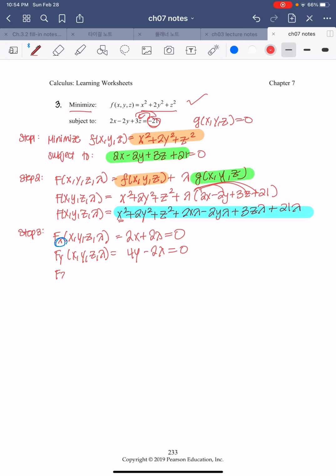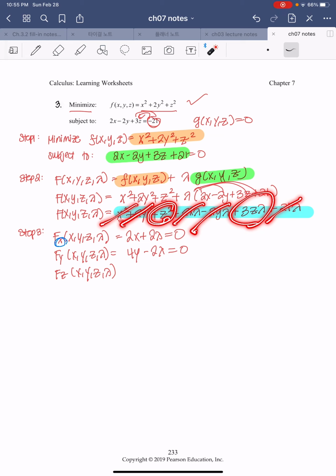For f with respect to z, z is your variable, the other ones will be constant, so I just have to pay attention to the z term. A constant has a zero derivative, so this one also disappears. This one will be one that I need to take the derivative of. This disappears because it's a constant.